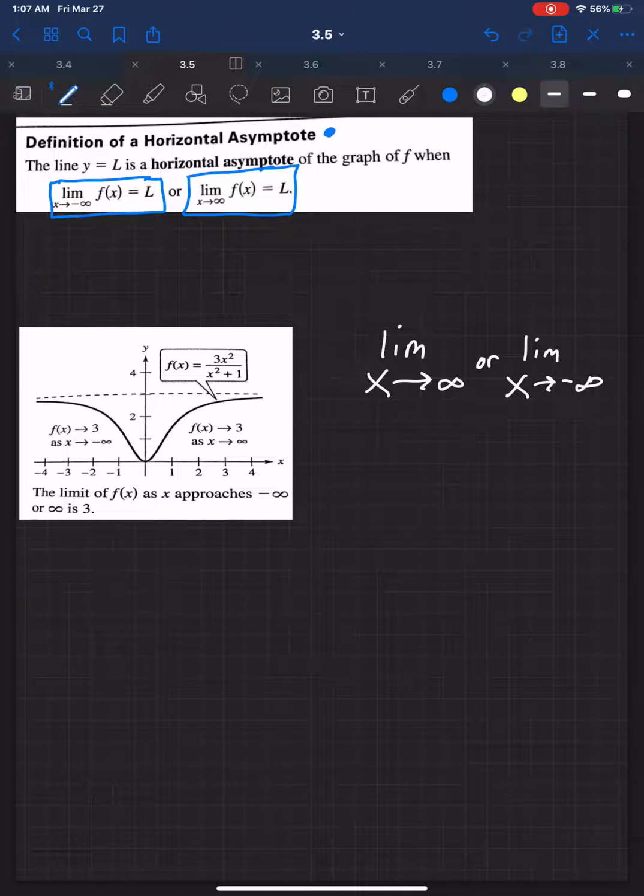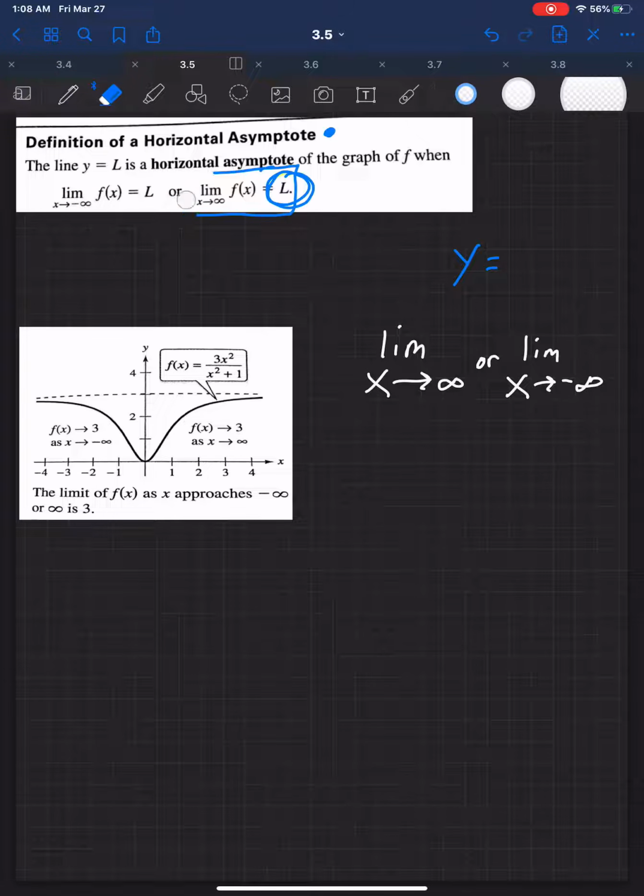And notice that when we made a statement like y equals 0 or y equals 2/3, what we were actually doing is giving a limit. We were actually finding L, which is a limit.